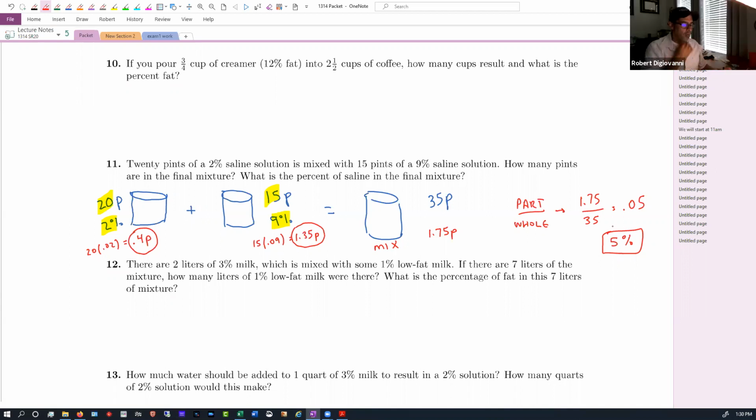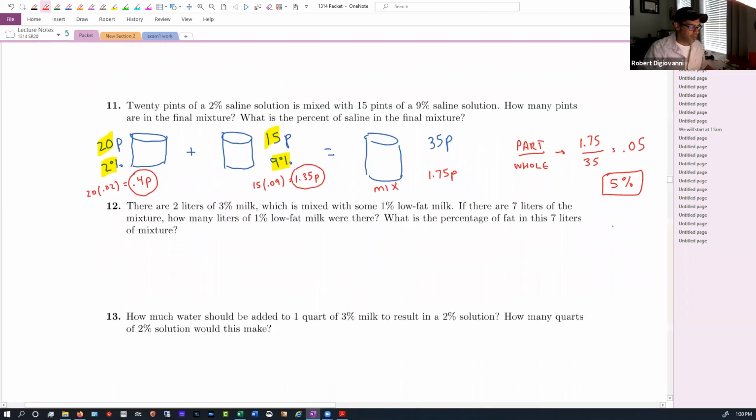Maybe I won't do the whole problem, but let me just look at number 12, because number 12 is a little bit tricky. There are 2 liters of 3% milk. So I have 2 liters of 3% milk, which is mixed with some 1% milk.